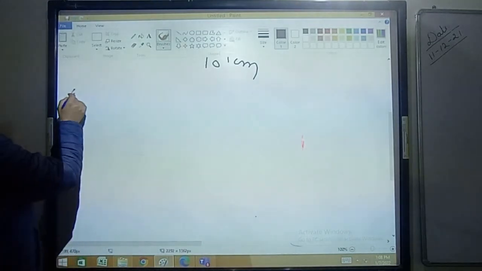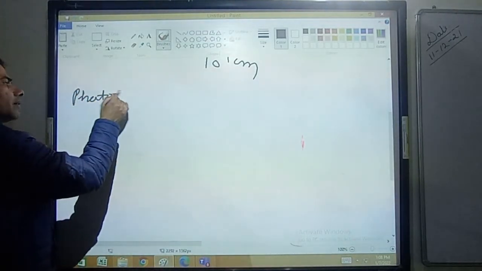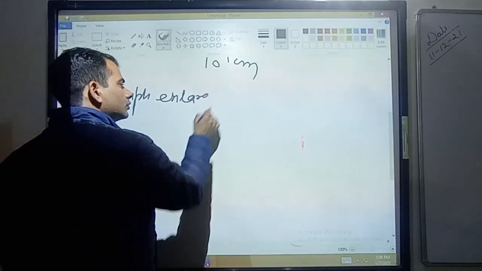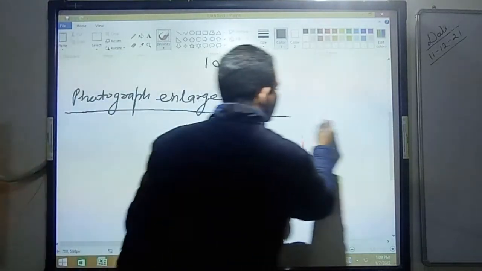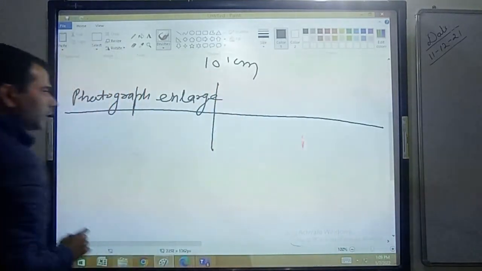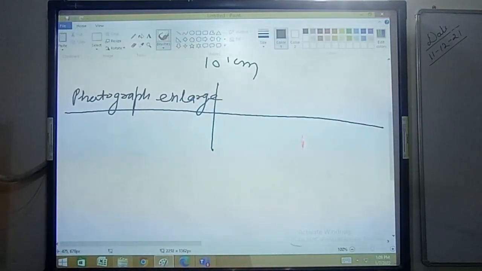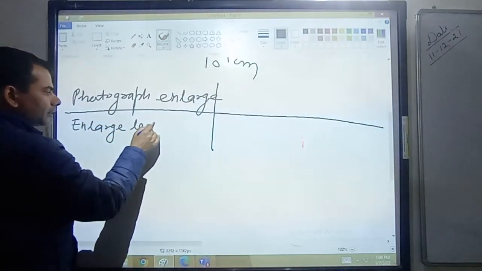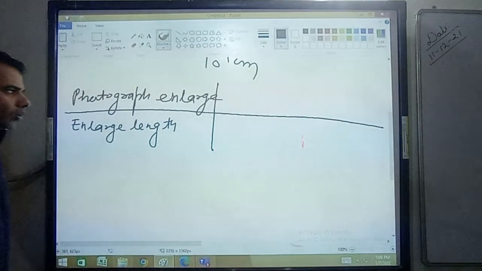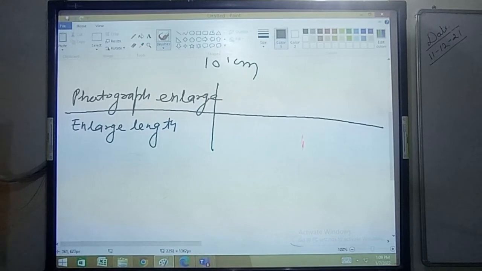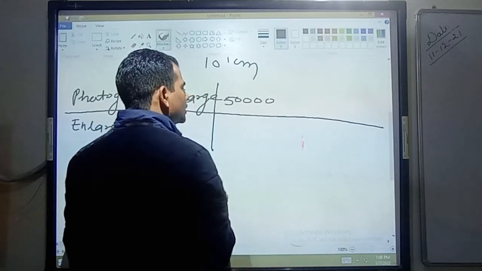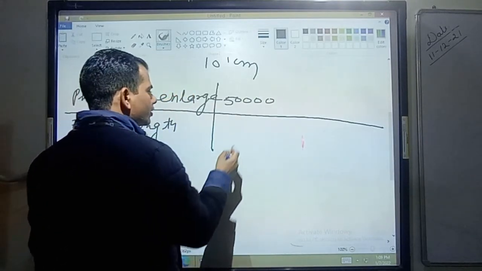For a photograph enlarged 50,000 times, its enlarged length is 5 centimeter.